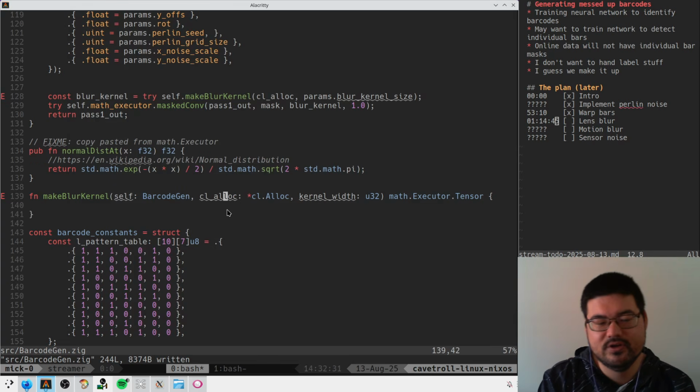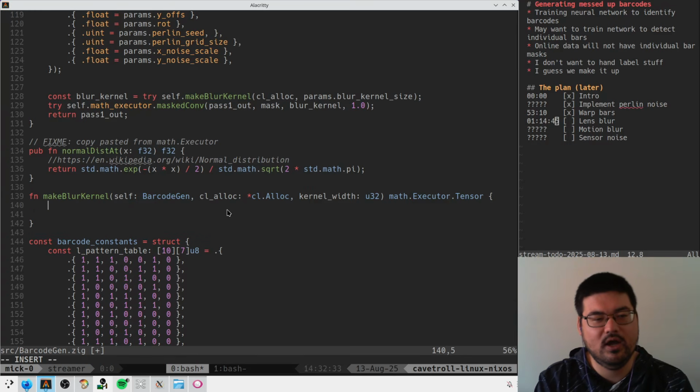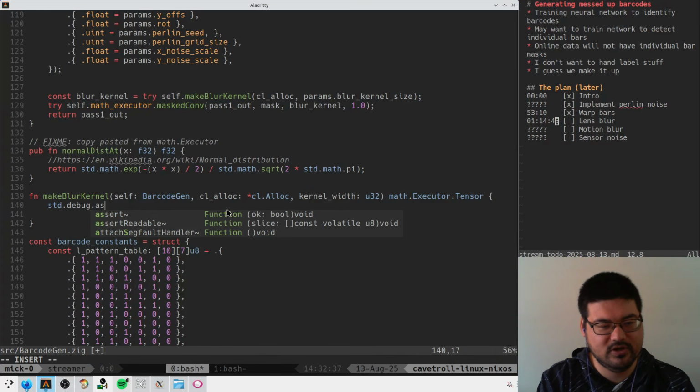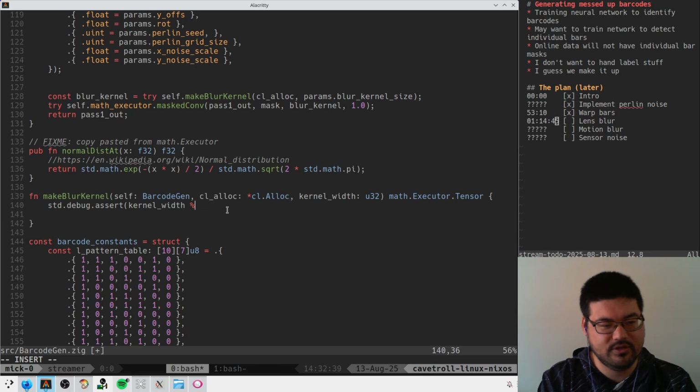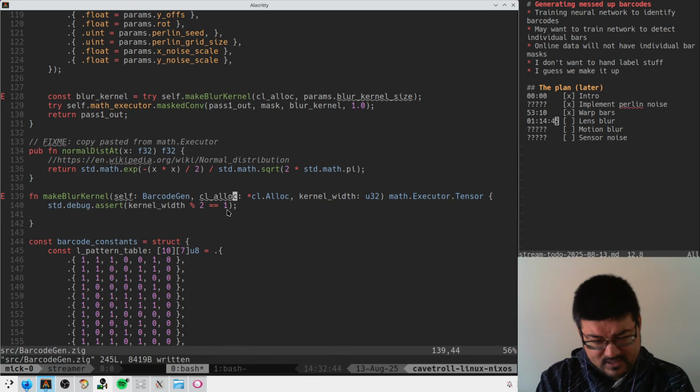Okay. So we go assert that kernel width is odd, because I don't know what to do otherwise.